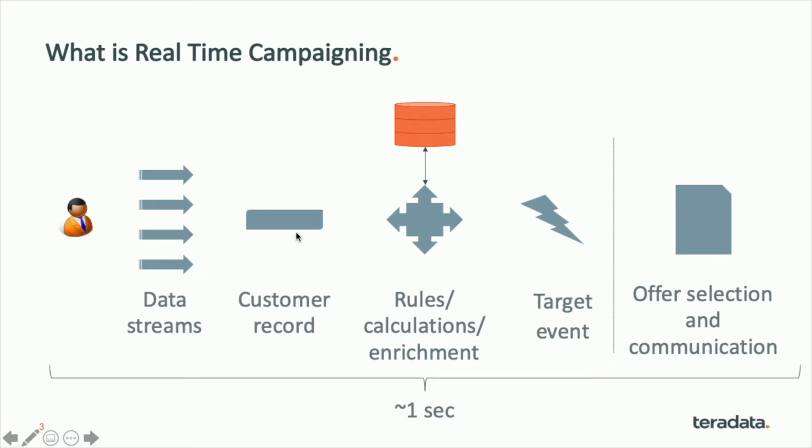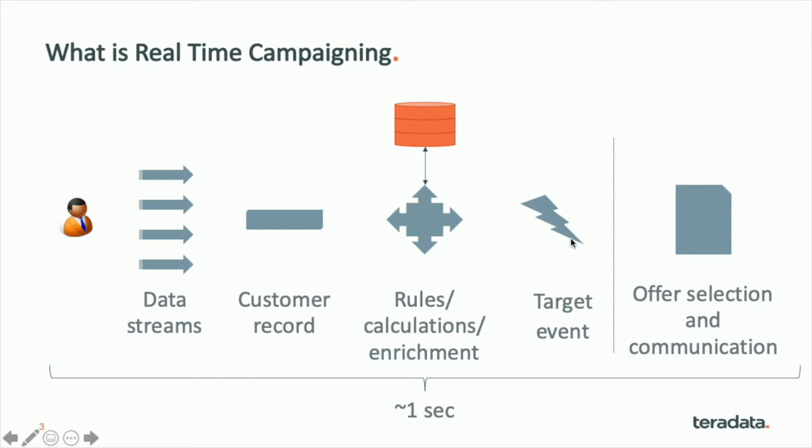We need to enrich from the customer record or from the enterprise data warehouse or in-memory store, and then process by specific rules that you created before. Rules, calculations, and enrichments you need to create by your hands. This is your strategy to communicate with your customer. And these rules are taking your target events.